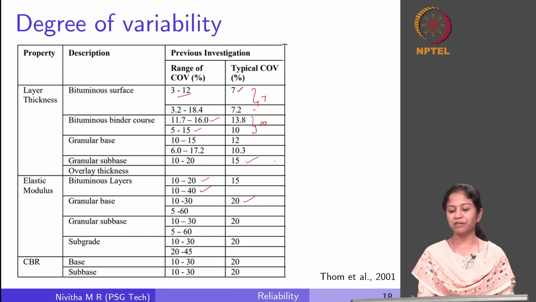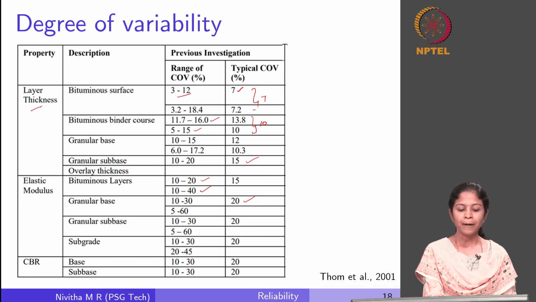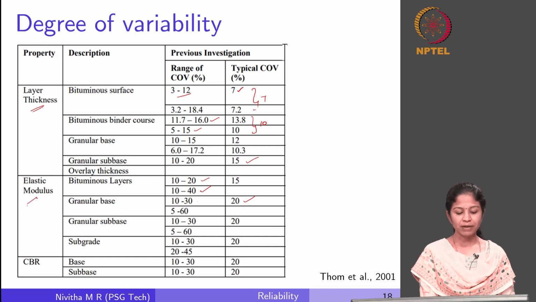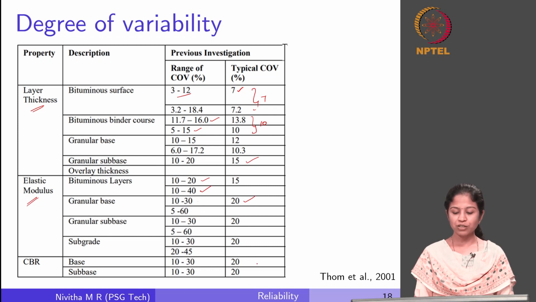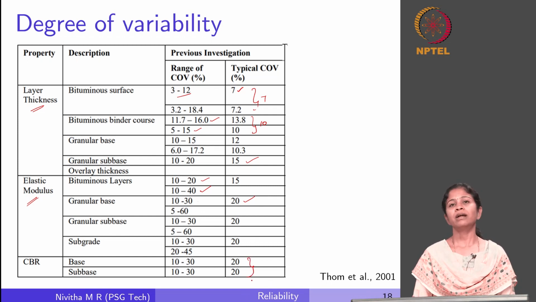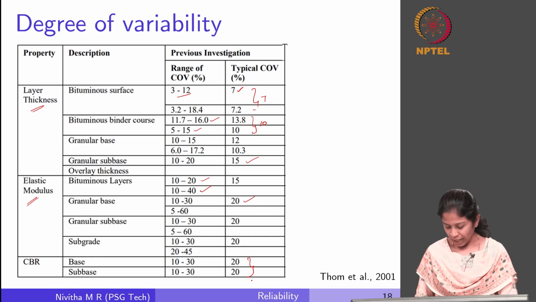So, we have less coefficient of variation values for the layer thickness, but when it comes to modulus, it is usually around 20%. Even for your base and subbase layers, when we measure CBR, we use a coefficient of variation of 20, right. So, this is the typical degree of variability that we observe for most of these layers, and these are all values reported from different studies.